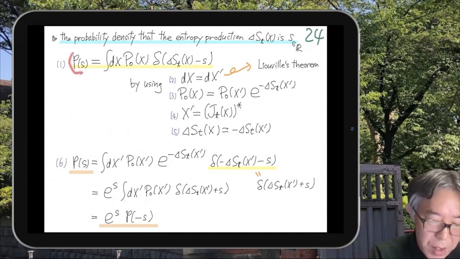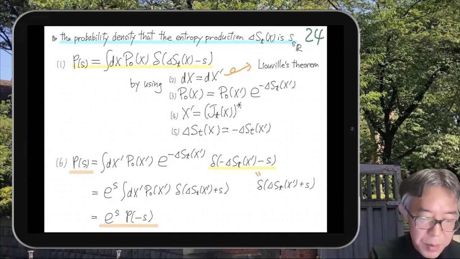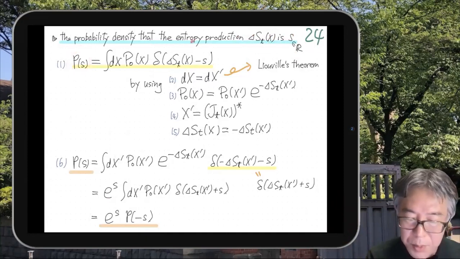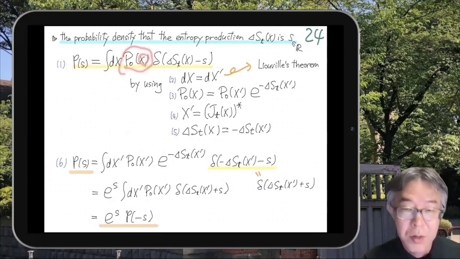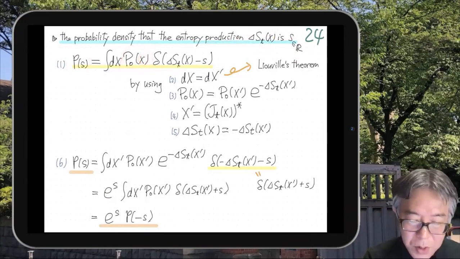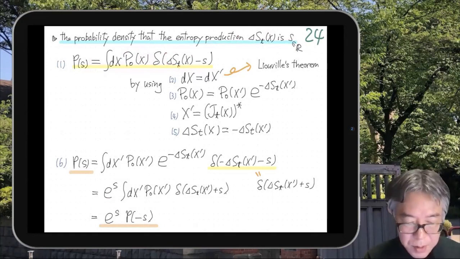This lowercase p of s is the probability density that the entropy production is exactly equal to lowercase s, and it's given by this. x is, of course, distributed according to the product of the canonical distributions. And here you have the delta function. So you want to pick up the case where delta S_t(x) is exactly equal to lowercase s. Good.